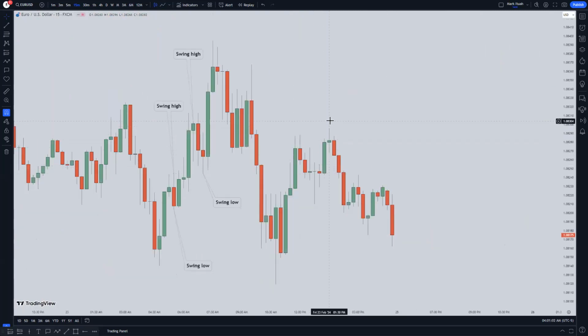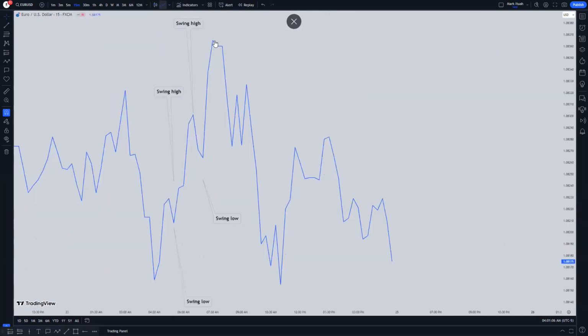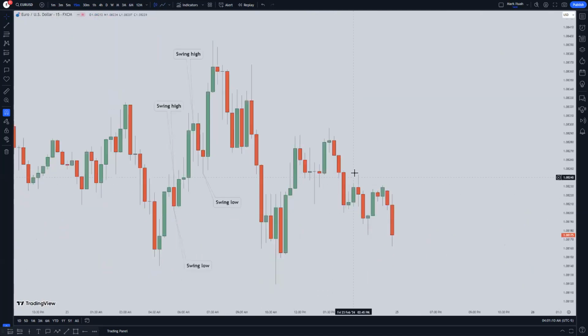Here we have the swing high where we have the curve. If you go to the line chart, you would see that that was a curve, then a curve down, the curve up, and the curve down. So that's how you're able to identify swing points in the marketplace.